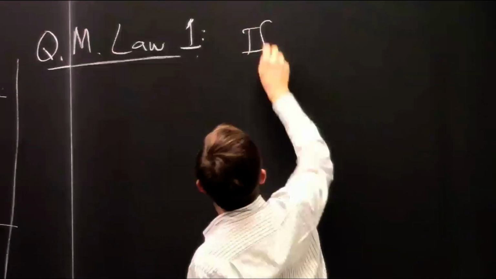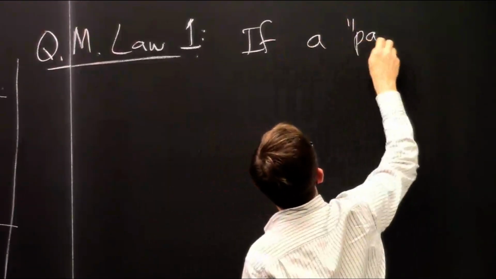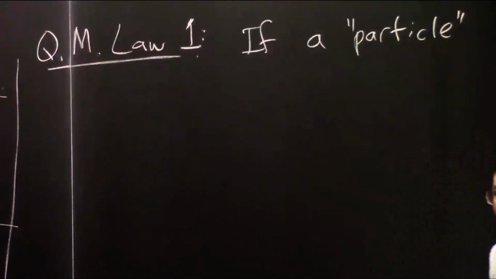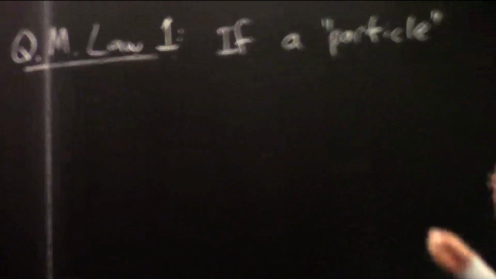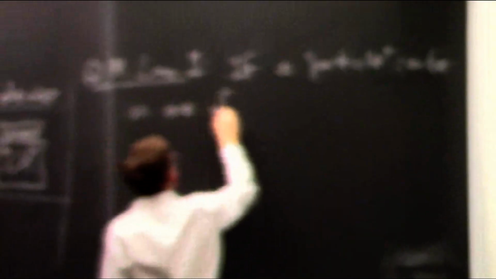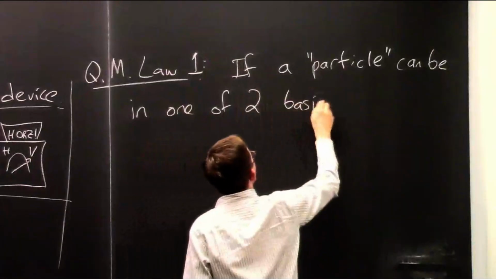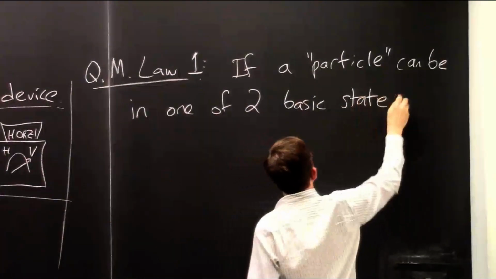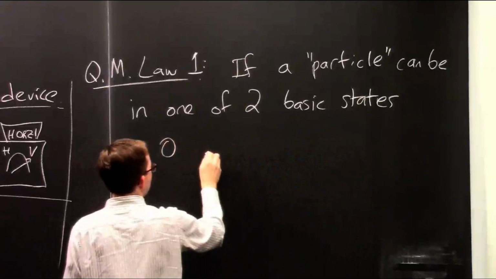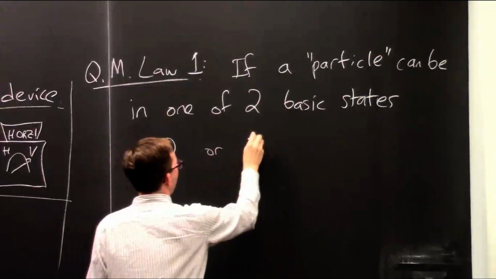If a particle, and actually this can be a collection of particles or any quantum system governed by the laws of quantum mechanics, but let's just call it a particle, can be in one of 2 basic states, such as in these examples, let me call these basic states 0 or 1.